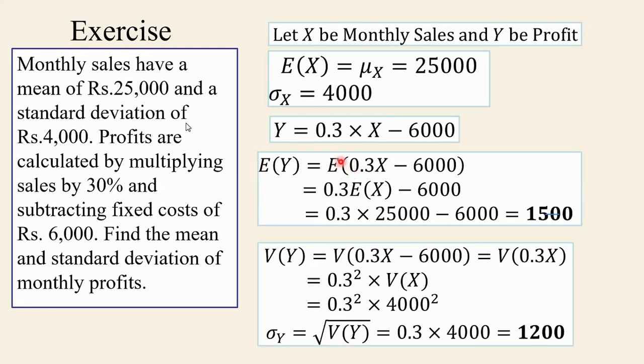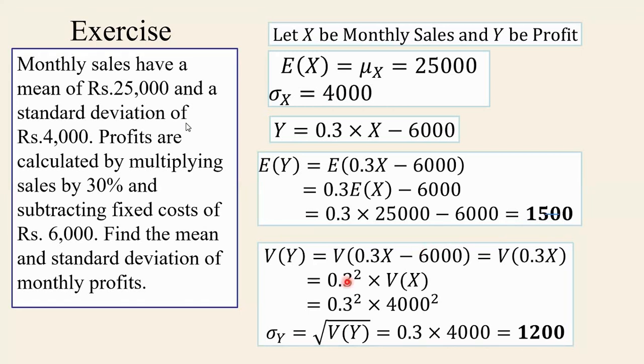So that is E of 0.3X minus E of 6,000, which is equal to 0.3 into expected value of X. For a constant, the expected value of 6,000 is the same 6,000. Then 0.3 into expected value of X, 25,000, minus 6,000, that is 1,500.